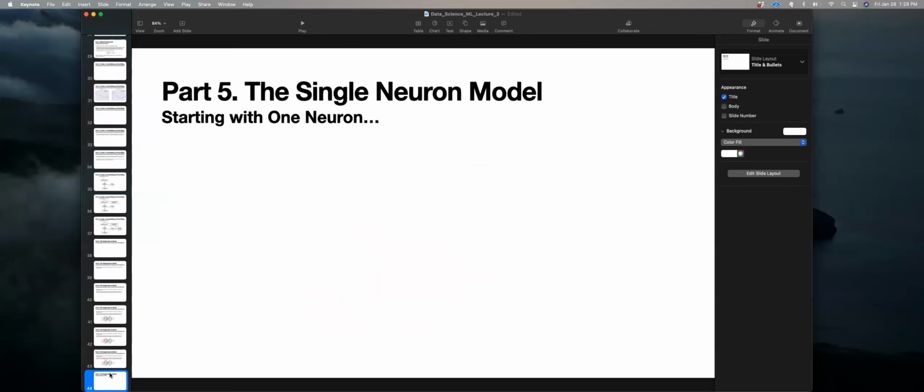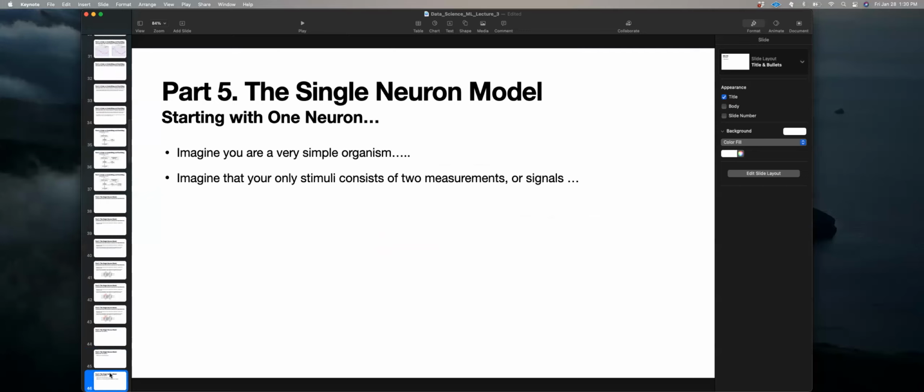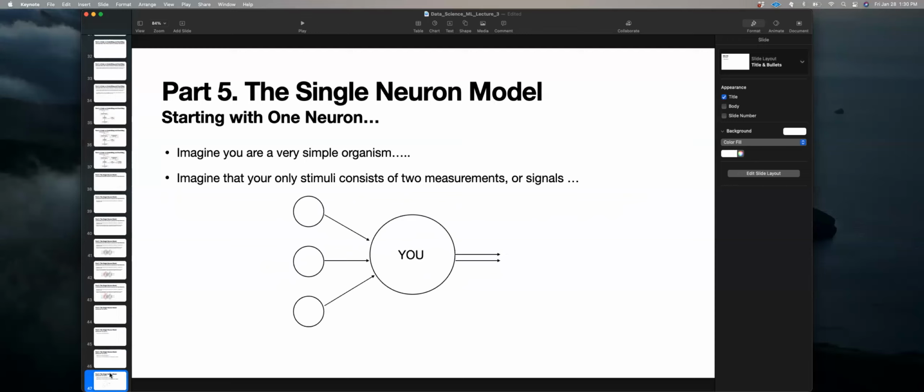Okay, so I have a little story to motivate the single neuron model. So imagine you are a very simple child or organism, very simple. And imagine that the only stimuli that you can take in are 2 measurements or signals. And your brain really consists of just one lonely unit, right?